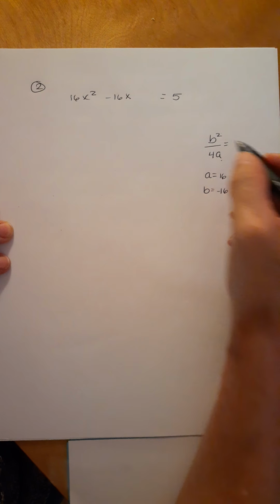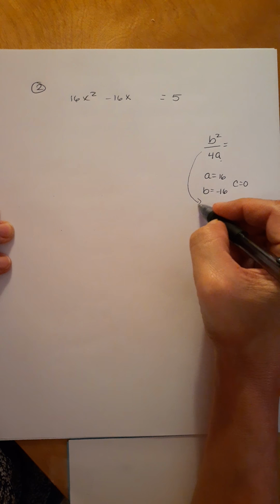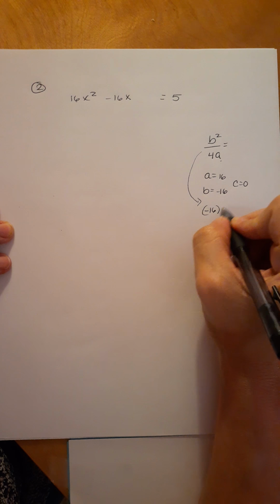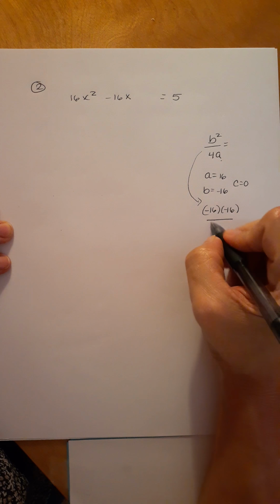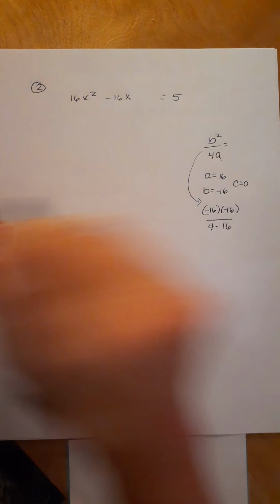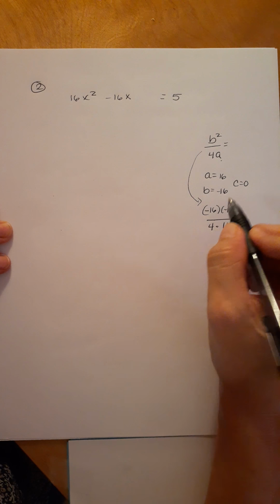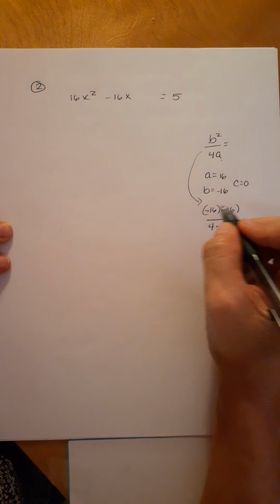Okay, underneath here, I'm going to use that formula. B squared, negative 16 times negative 16, over 4 times 16. Now these two negatives cancel each other out, because when you multiply two negatives, it's a positive answer.